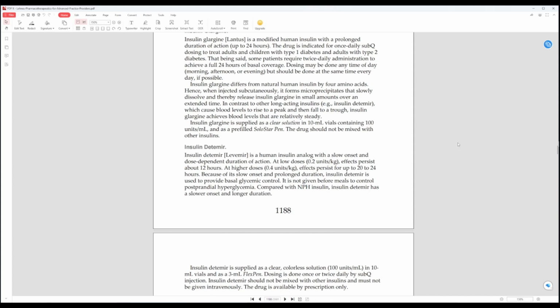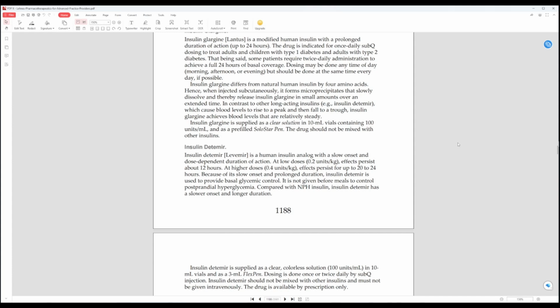That being said, some patients require twice-daily administration to achieve a full 24 hours of basal coverage. Dosing may be done any time of the day, morning, afternoon, or evening, but should be done at the same time every day if possible.